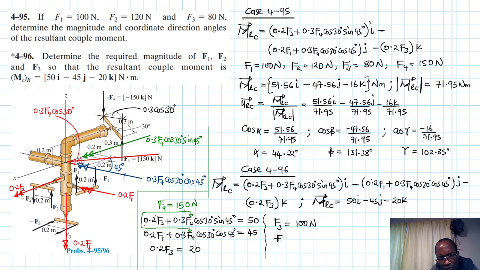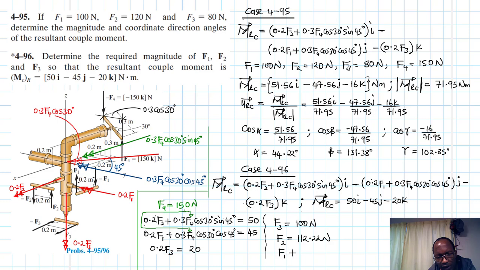So F2 is just going to be equal to 50 minus 0.3 times 150 cos 30 sin 45, divided by 0.2. So it is 112.22 newtons.